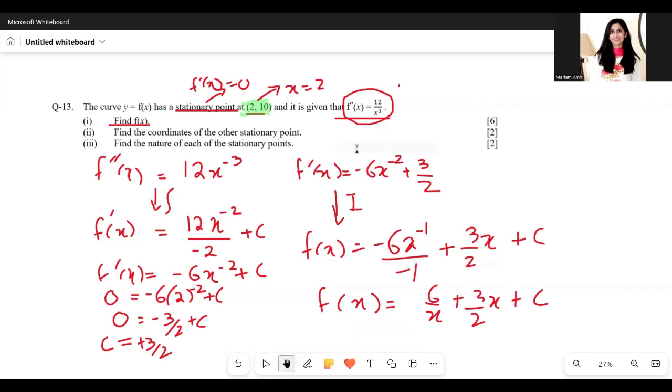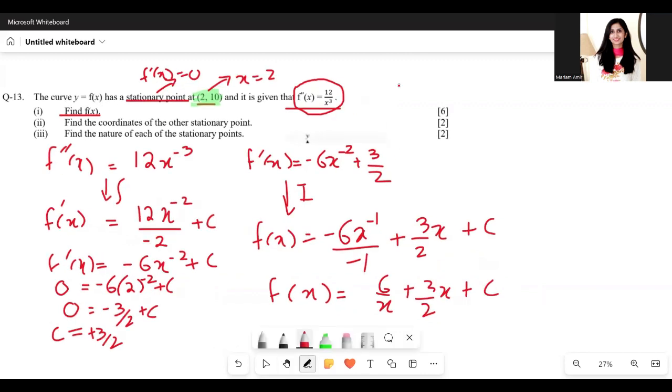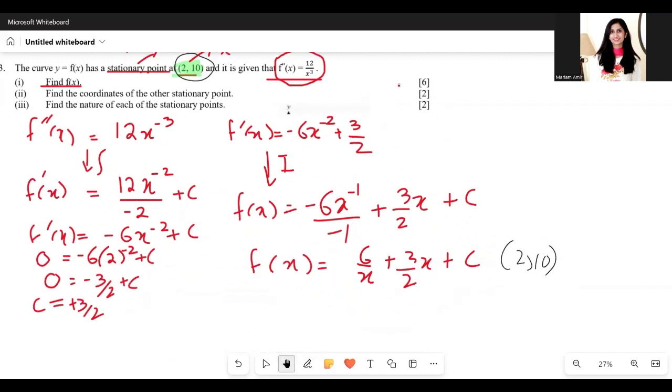Now we need the value of c. Remember, f(x) is just y. So you need a y and you need an x, which is (2, 10). So substitute (2, 10) in here to get the value of c. So 10 equals 6 upon 2 plus 3 upon 2 times 2 plus c.